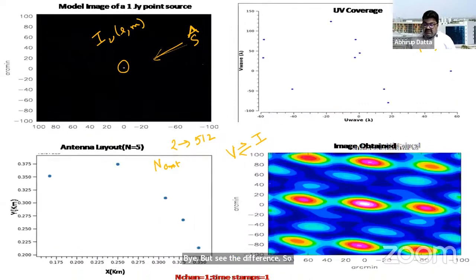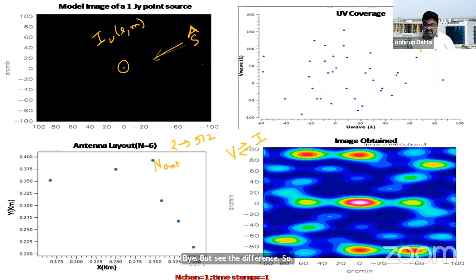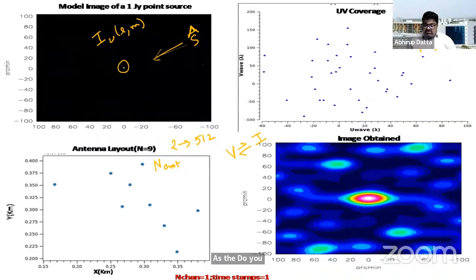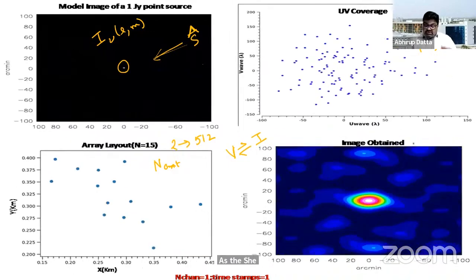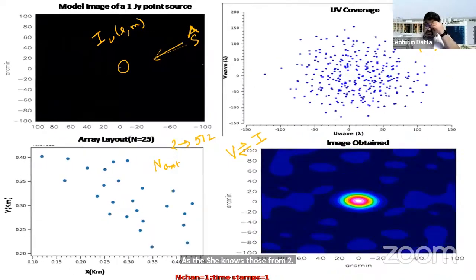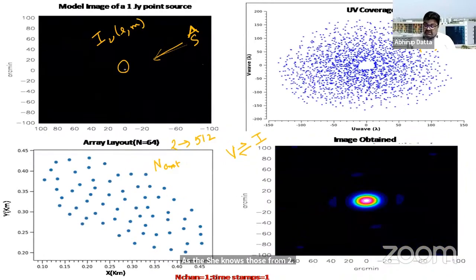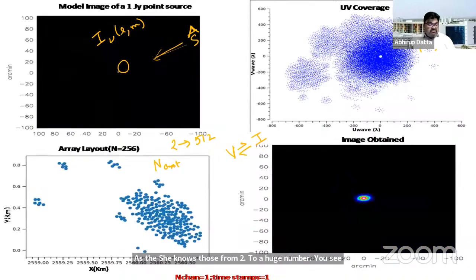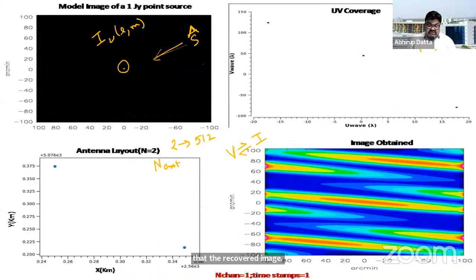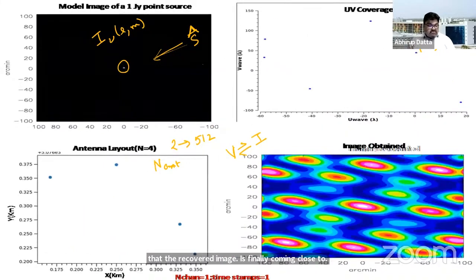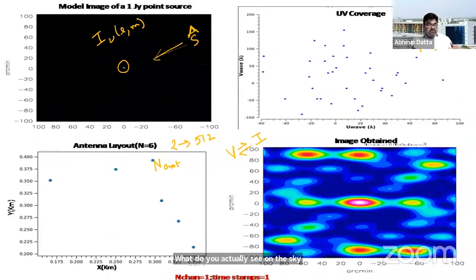As the antennas go from 2 to a huge number, you see that the recovered image is finally coming close to what you actually see on the sky. Okay. So what is going on?